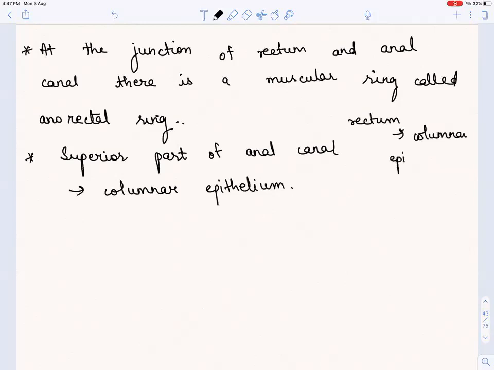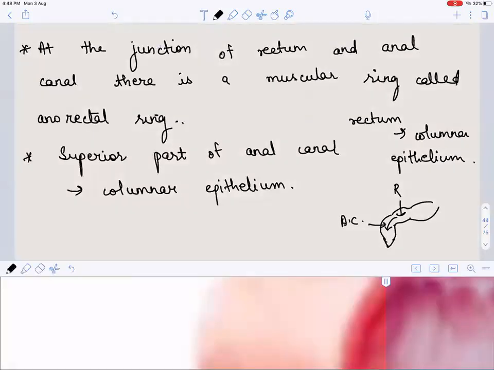So basically this lining gets continued, because after the sigmoid comes the rectum and then the anal canal. So the superior part is continuing, and this columnar epithelium gets continued.